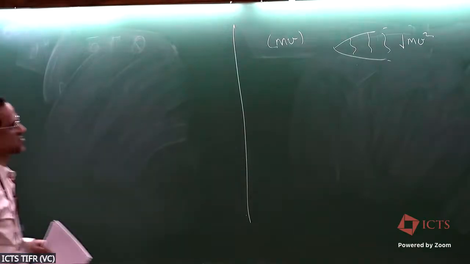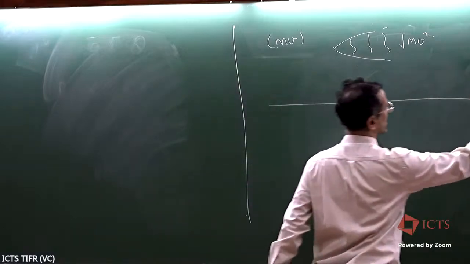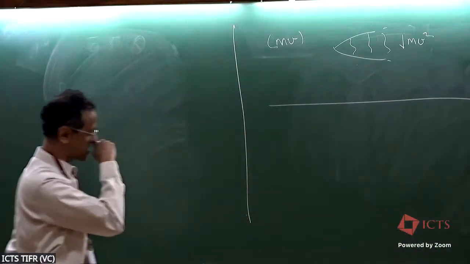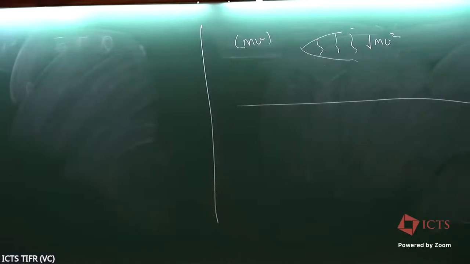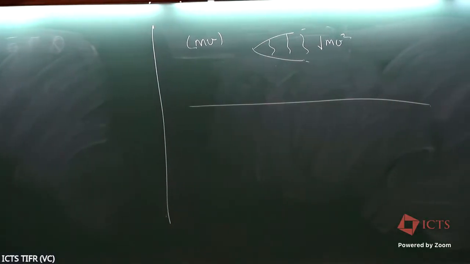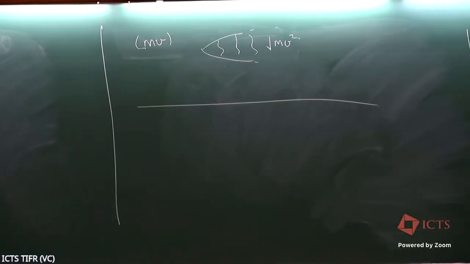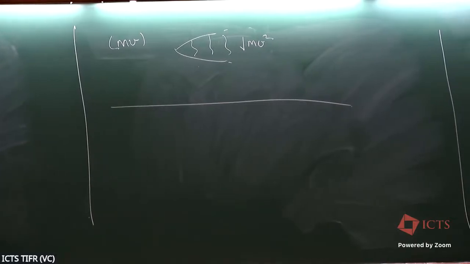Every time you do a calculation in PNRQED and you have to resum this ladder, that becomes annoying. So is there something that you can do to simplify your life there?